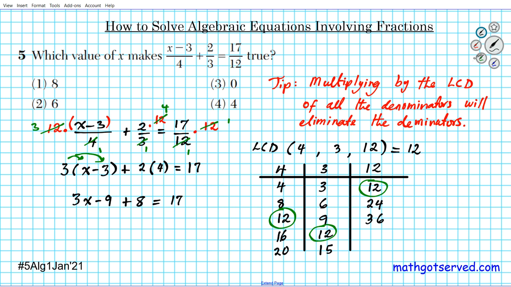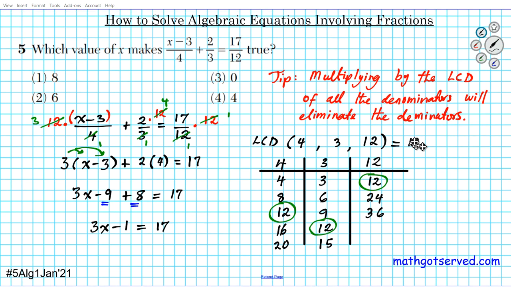Now let's combine like terms. We have two constants on the left side, negative 9 and positive 8. The signs are different, so you subtract and keep the sign of the bigger. 9 minus 8 is 1. The bigger number is 9, which is negative, so we have 3x - 1 = 17. Now, to finish this off, we're simply going to add 1 to both sides and divide by 3.